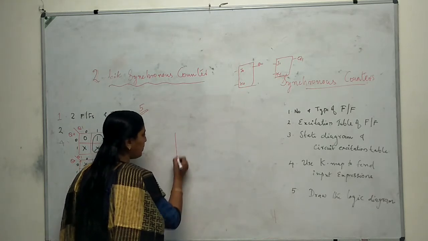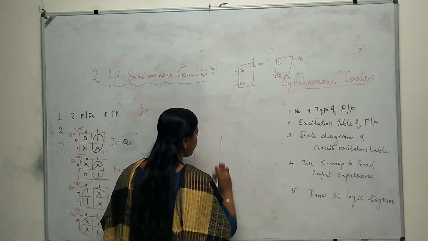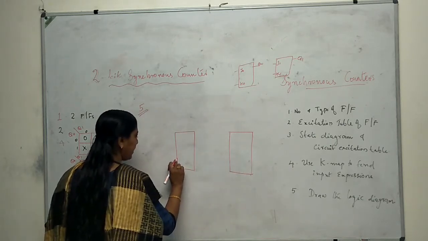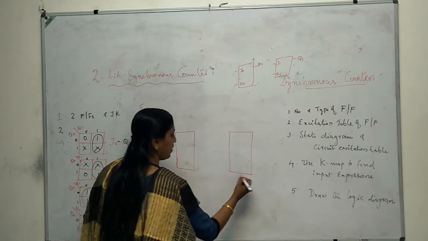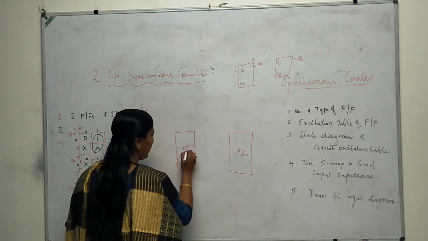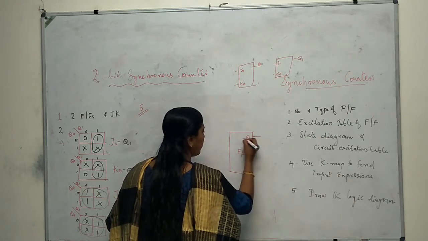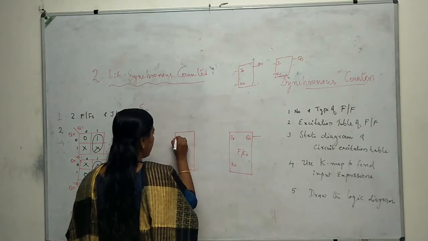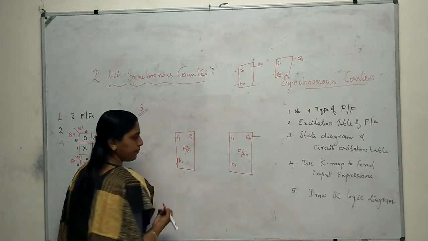Since this is a 2-bit counter, we will have two flip-flops. Let this be flip-flop 0 and let this be flip-flop 1. This is Q0, this is J0 and K0, this is J1 and this is K1, and this is Q1.